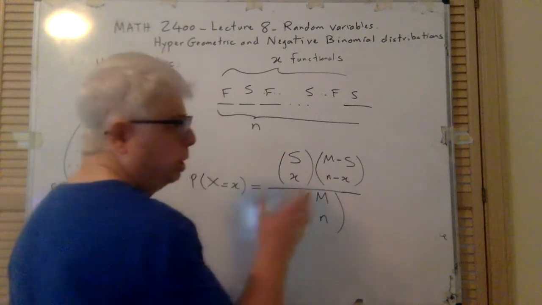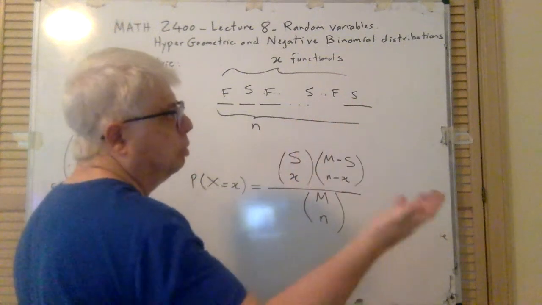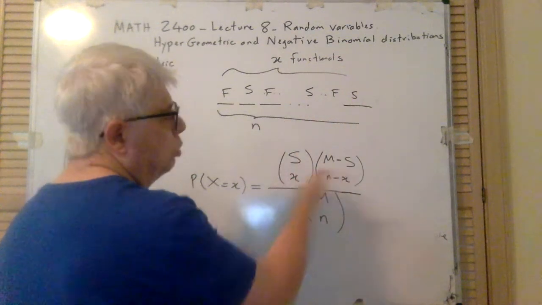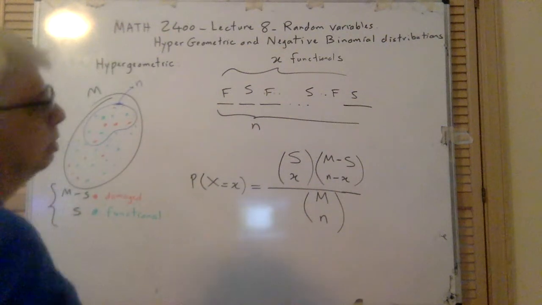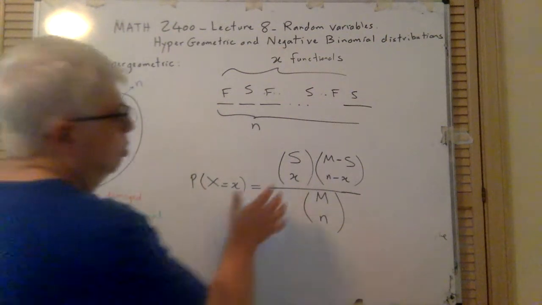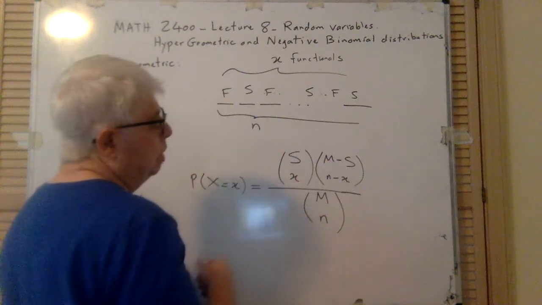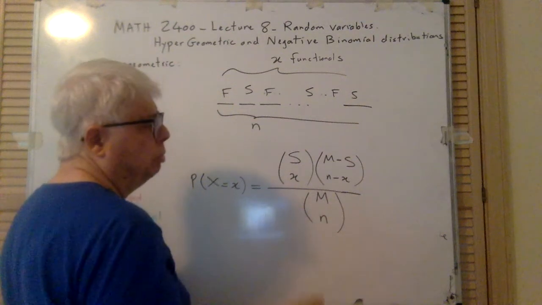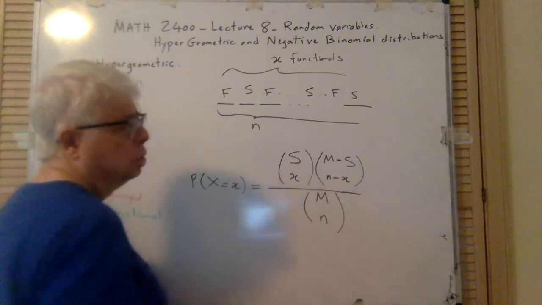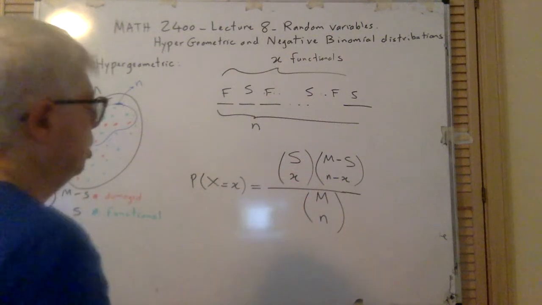It's like I'm choosing two types of something, so I have to remember the principal counting, the formula that you multiply them. So this should be multiplied by this, and then in how many ways can I choose n objects out of m? No order. That is this. So dividing this by this, it will give me this probability.